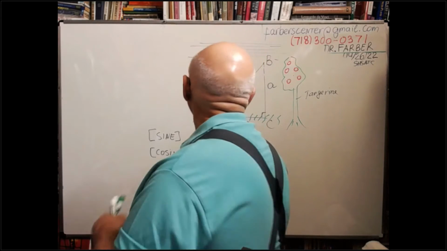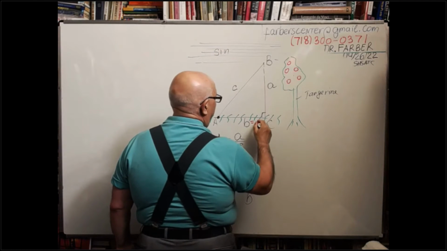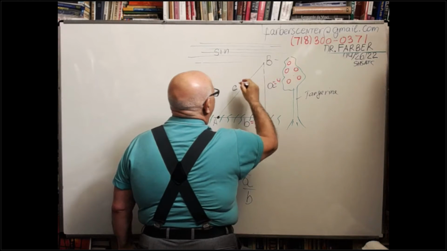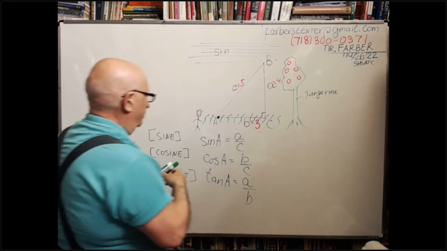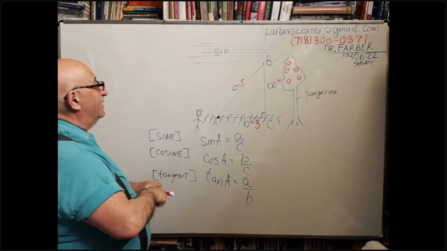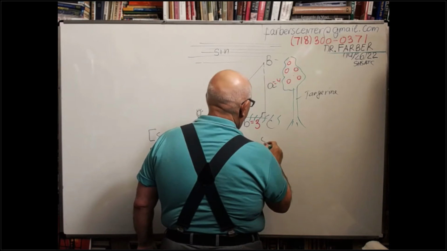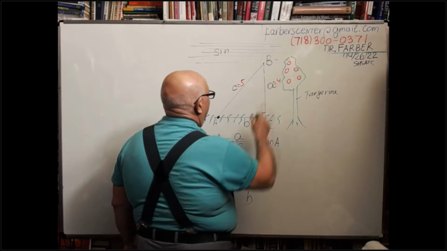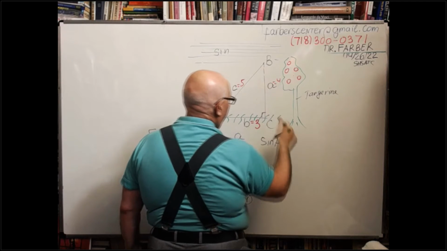Let's say B equals 3, A equals 4 and C equals 5. I ask you, student, can you find sine of this specific triangle? Sure. Sine of A equals A to C, which is 4 to 5.